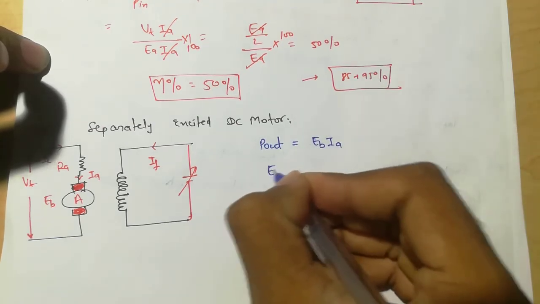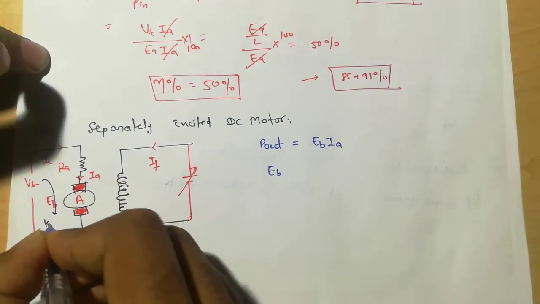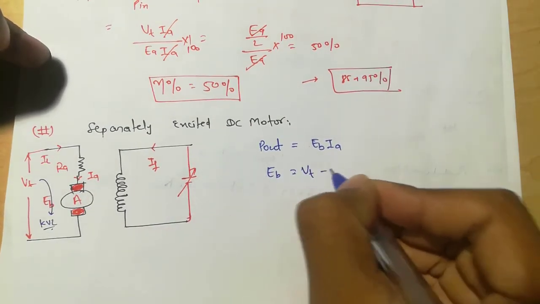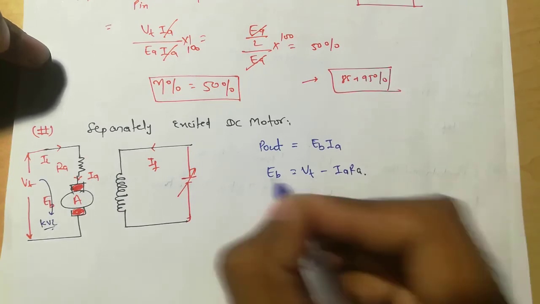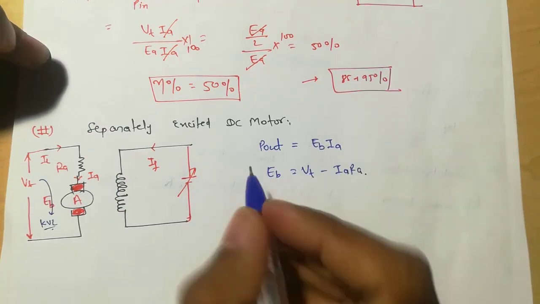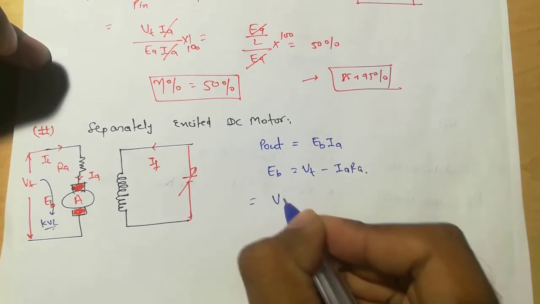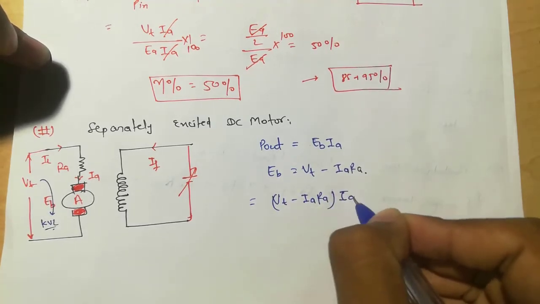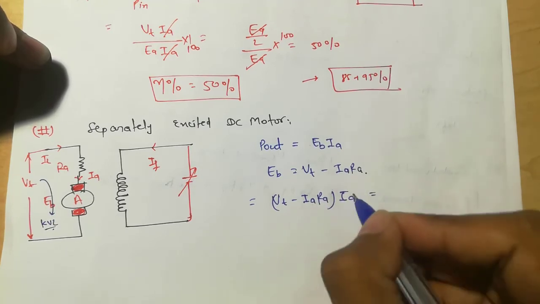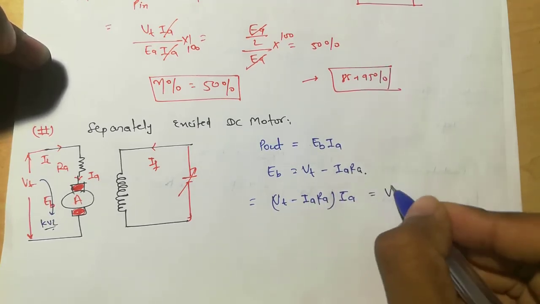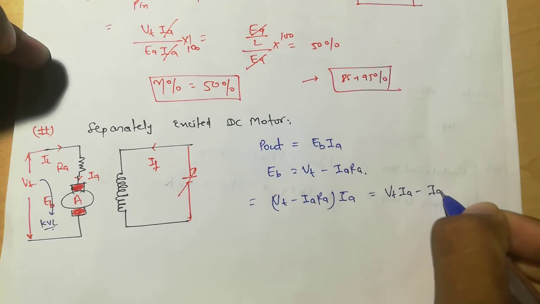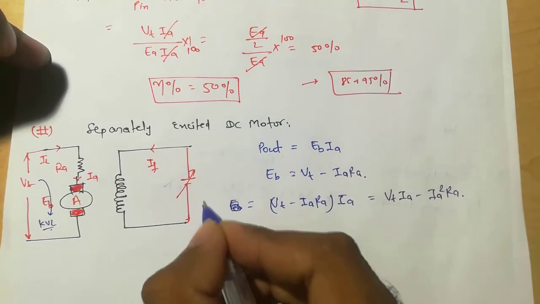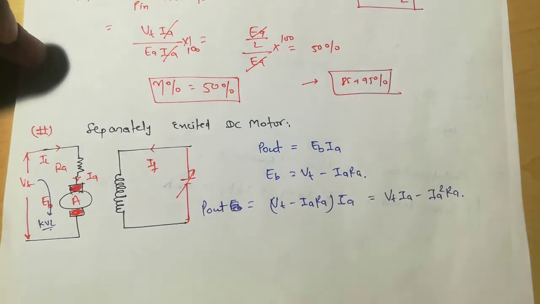The value of back EMF, when we apply KVL here, is EB equal to the terminal voltage minus IA RA drop. Now putting in the value of back EMF, we get VT minus IA RA multiplied with IA. Multiplying IA in, we get VT IA minus IA square RA. This is equal to P output of that DC motor.